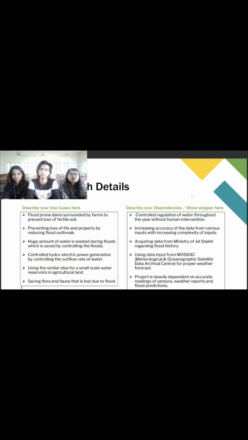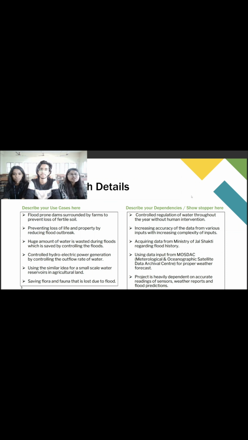Also, preventing loss of life and property by reducing flood outbreak. Due to sudden release of the water, there is a huge loss of life and property, like homes of the people surrounding the areas of the dams, also farms and crops, lost due to flooding. So we can use it to prevent loss of life and property by reducing flood outbreak.